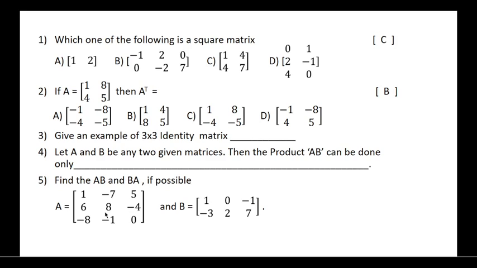And how many rows are there in the second matrix A? There are first row, second row, third row, 3 rows. So while finding BA, the matrix B contains 3 columns and A contains 3 rows. That's why BA is possible to find.